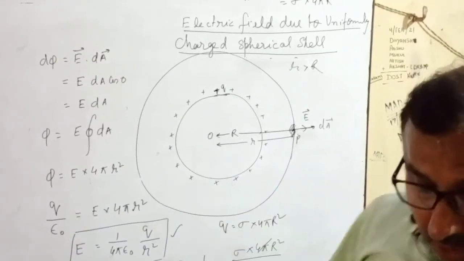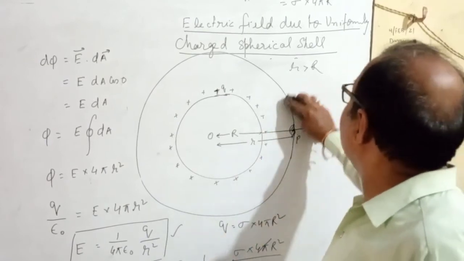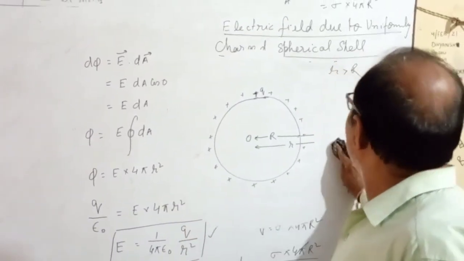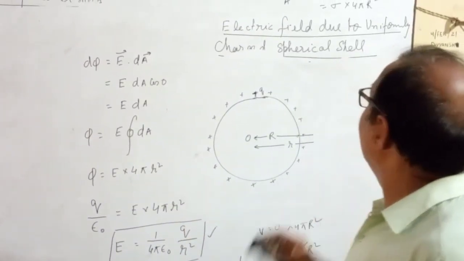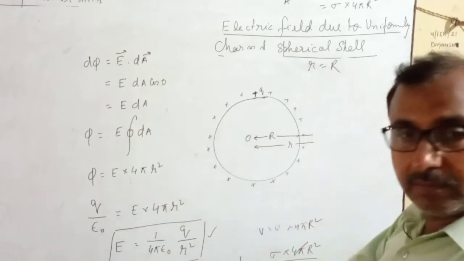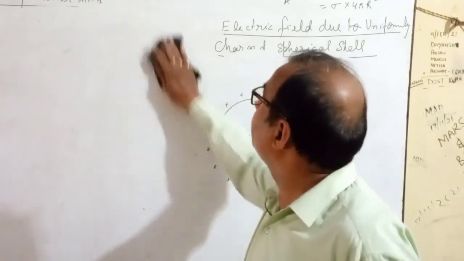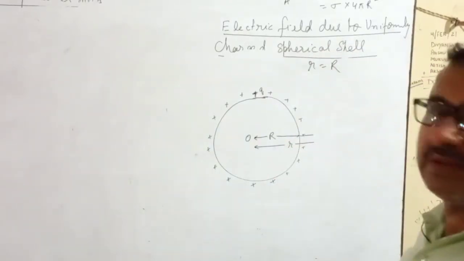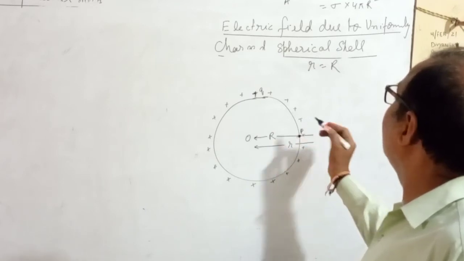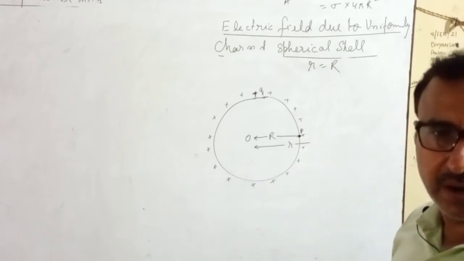Now I am going to remove this. If instead we take point P on the surface of the sphere, at the condition when small r equals capital R, then point P is at the surface of the sphere.